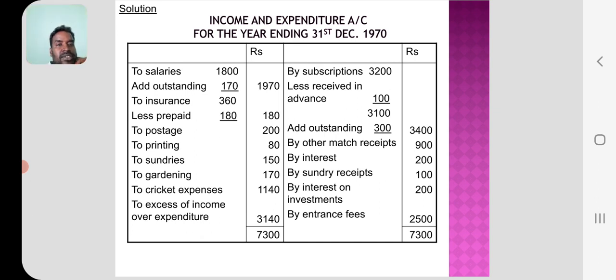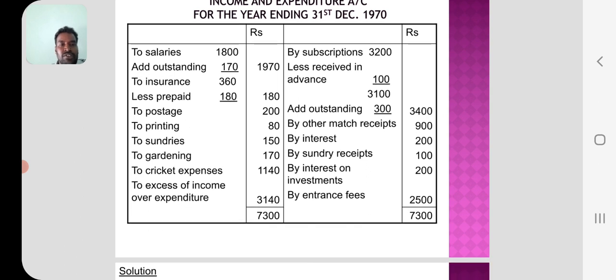To insurance 360, and prepaid should be deducted from that, and the net value is 180. To postage 200, to printing 80, to sundries 150, to gardening 170, to cricket expenses 1,140. So these are all revenue expenses.